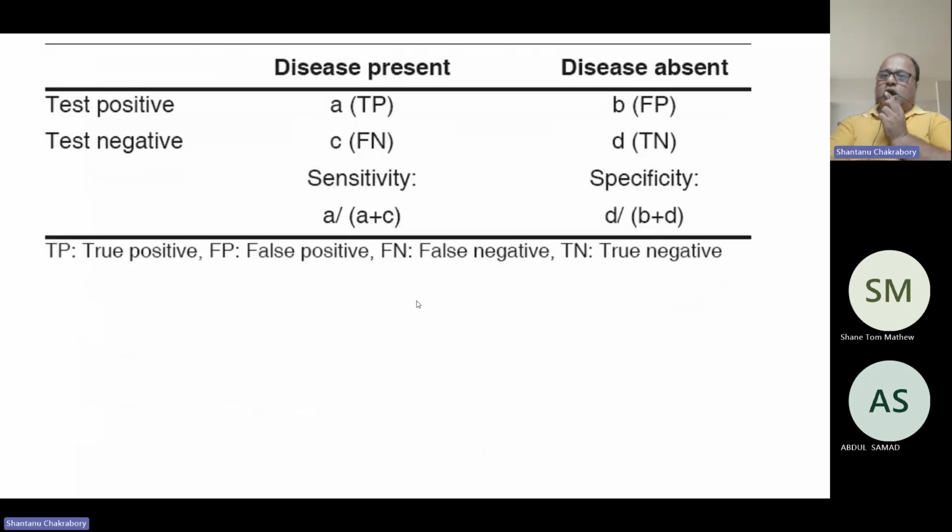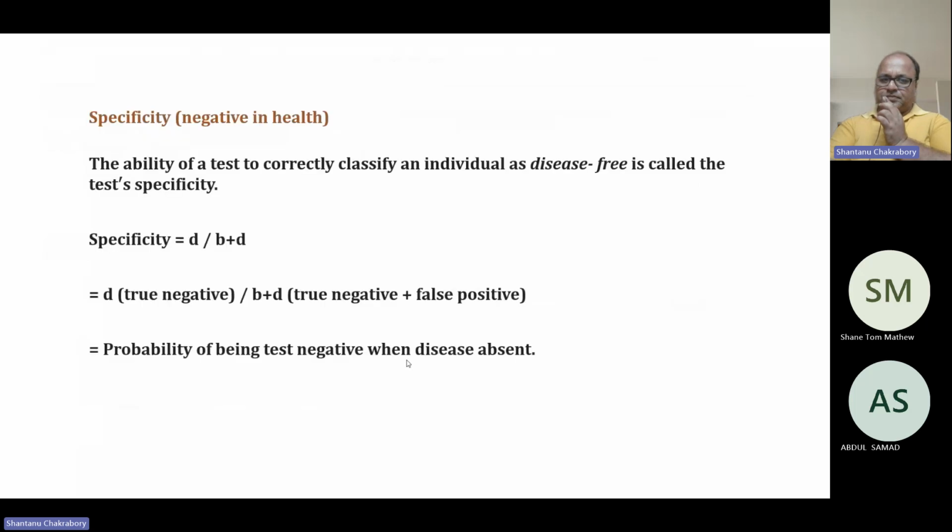So disease present or disease absent. How do we find out whether the disease is present or absent? We can find out based on the sensitivity and the specificity. So that is true positive, false negative, true negative. These are the 4 parameters which will help us find out whether disease is present or absent.